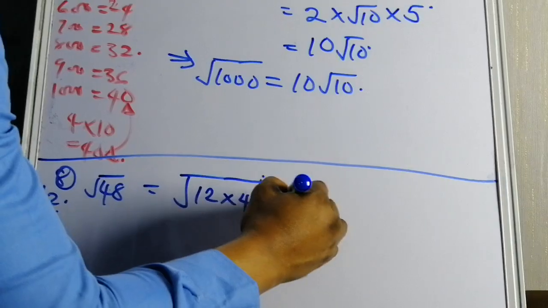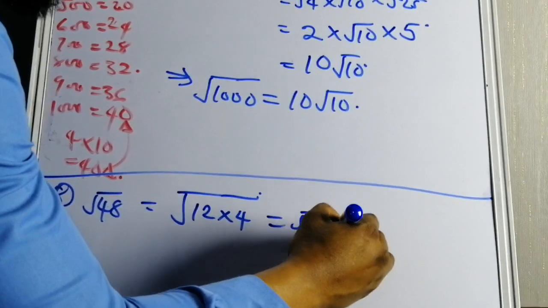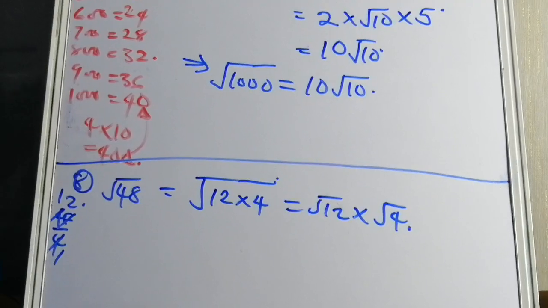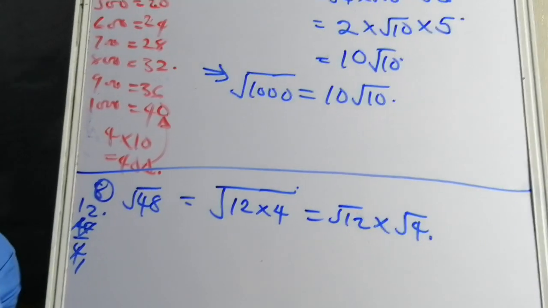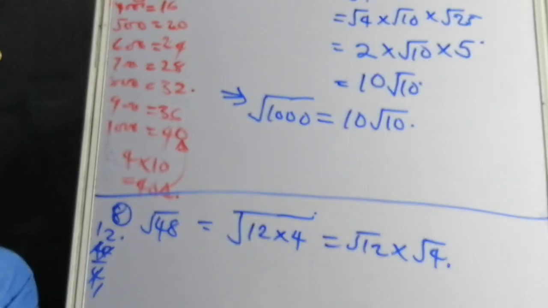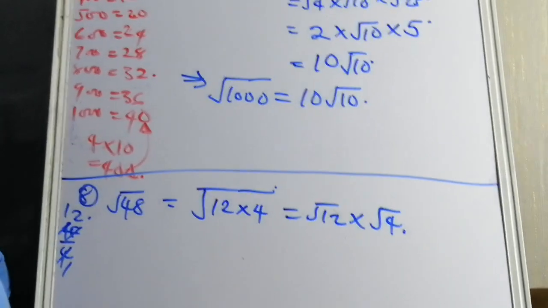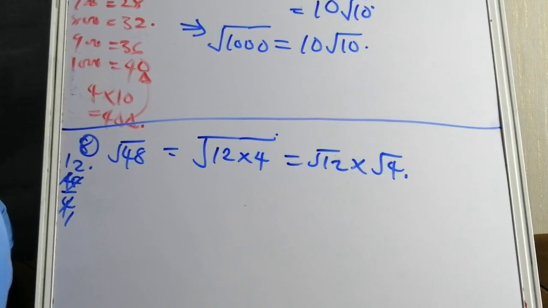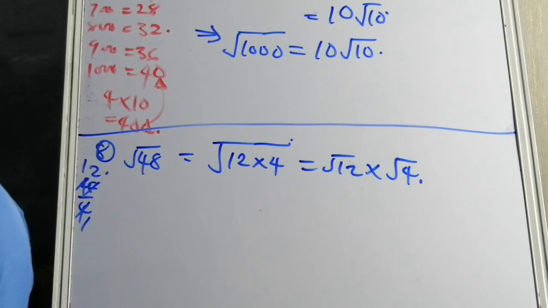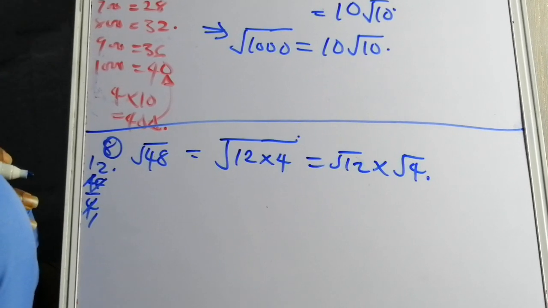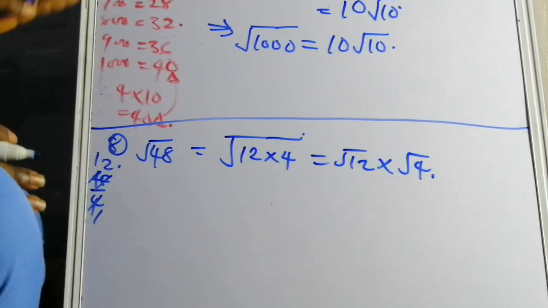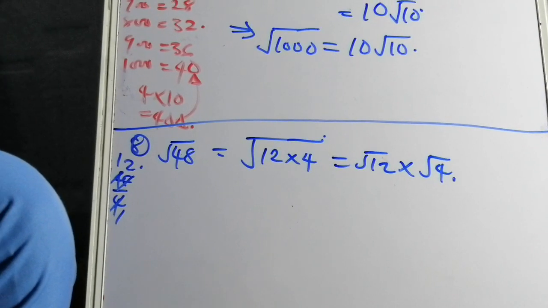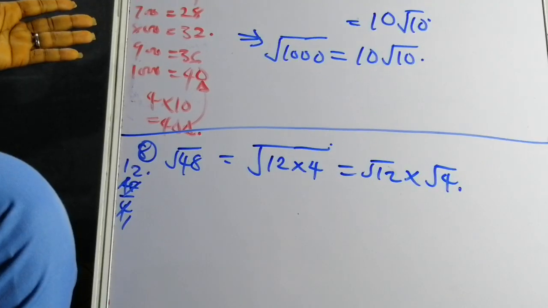Very important. So I can also split this into root 12 times root 4. We are not here to show off whether you're very good. My target is to make sure you know that mathematics is just like chin chin and pure water, because it's very, very simple. In as much as you know how to work all this, it will help you summarize or jump some steps if you are working with objectives.